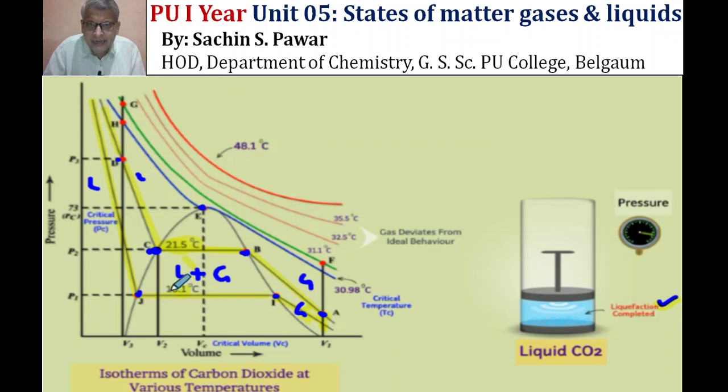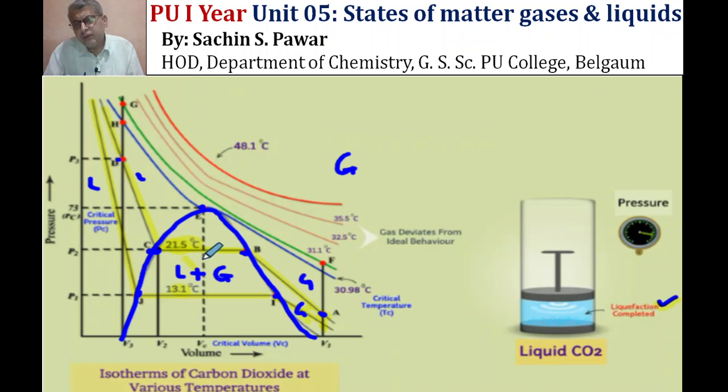That area would be like this, and in this area we found there is liquid and gas. Above this area you have only gas, and towards the left side you have only liquid.